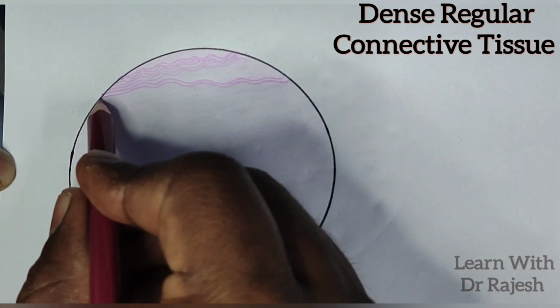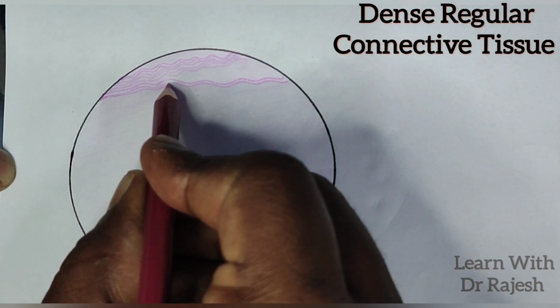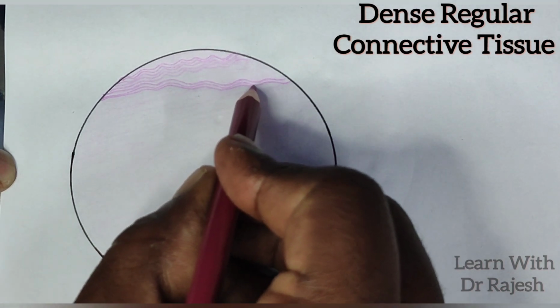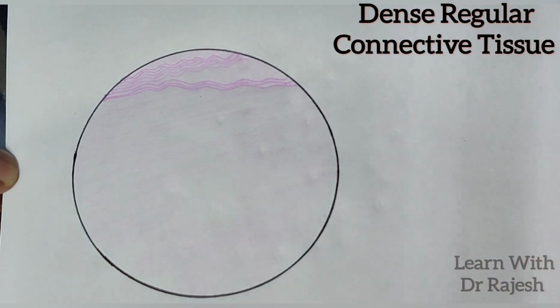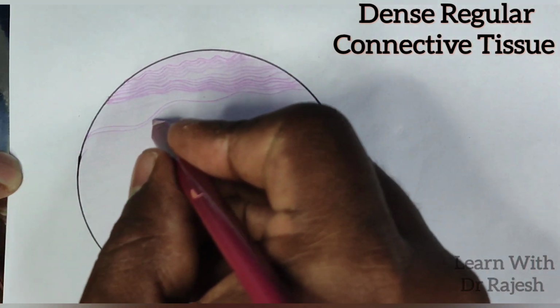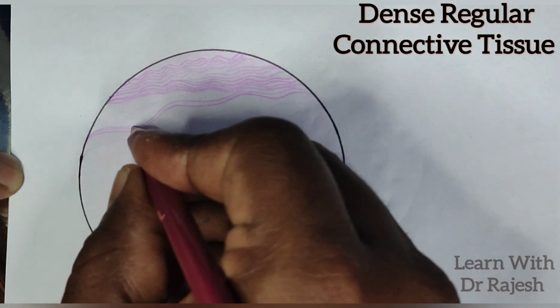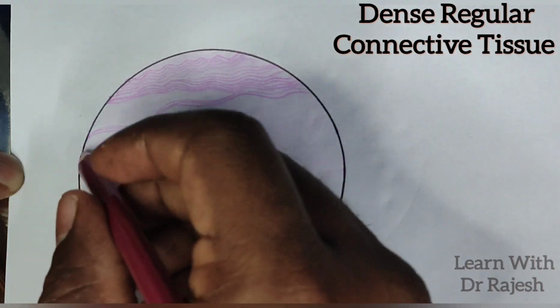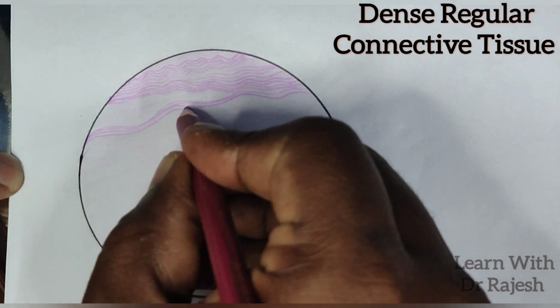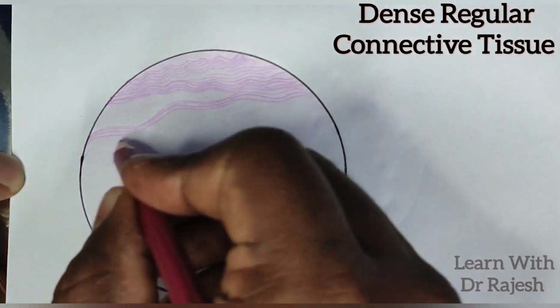In the same way we have to complete the entire slide without leaving any gaps. So the gaps also have to be completed with the next bundles. These are parallelly arranged bundles.